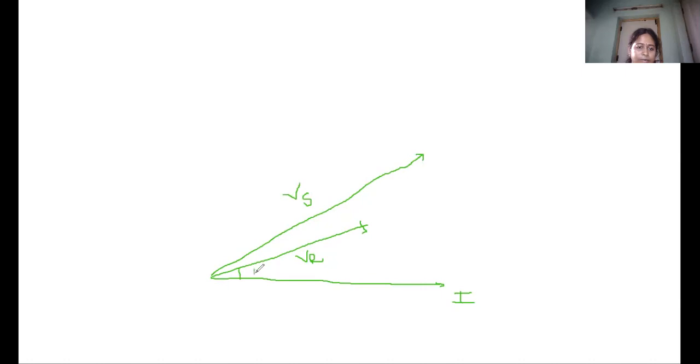VR with respect to I at an angle of phi r, and Vs with respect to I at an angle of phi s. This is the value of phi r, and this is the value of I XL. So we draw the line, we extend the line up to the Vs value.